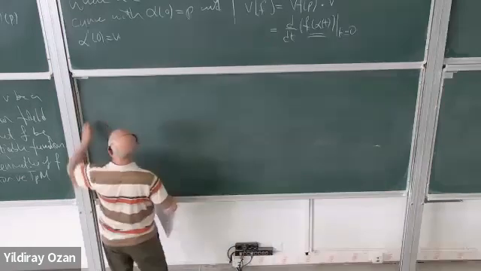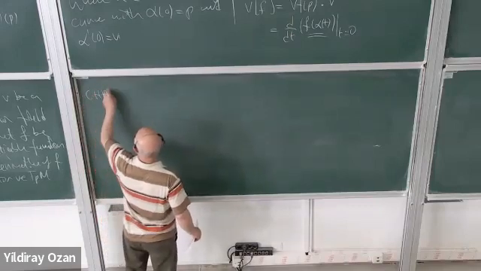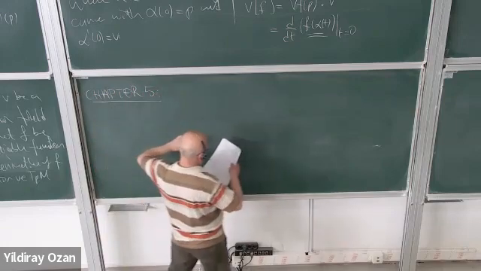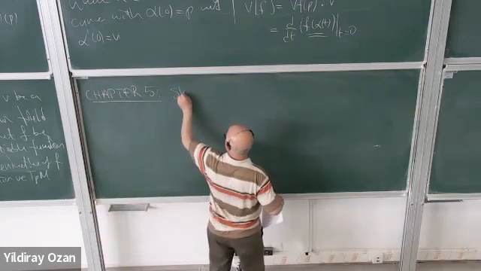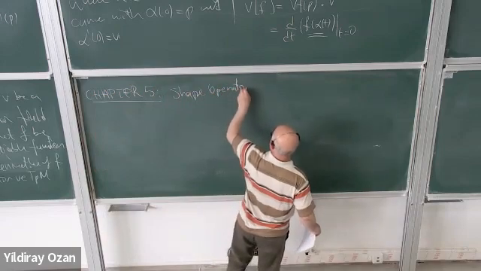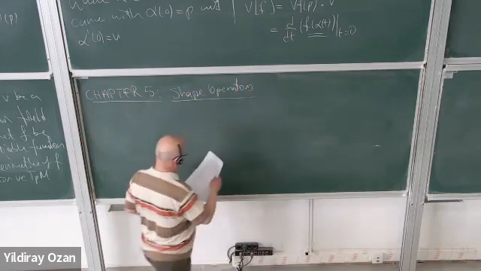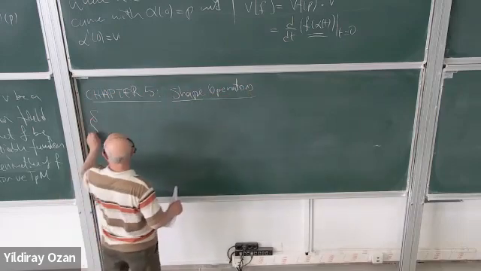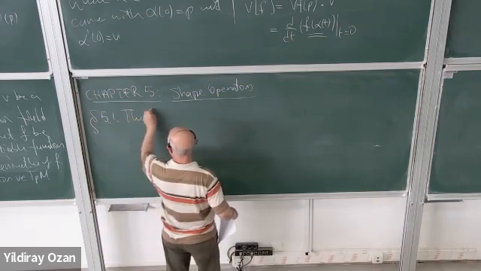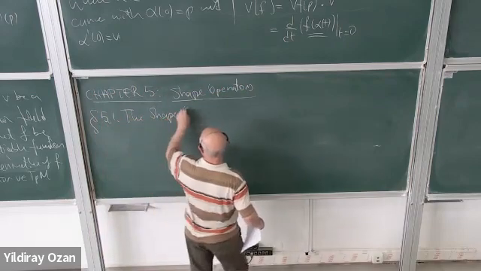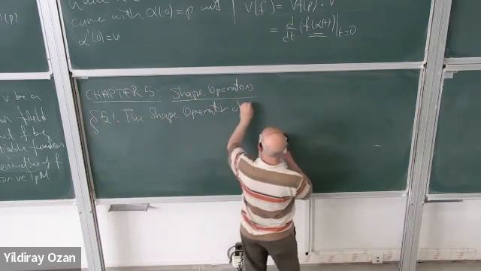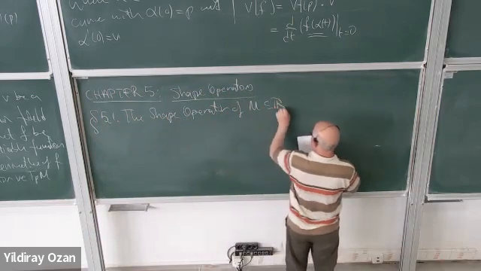Okay. We start so-called chapter 5, shape operators. And the first section is the shape operator of a surface in R3.